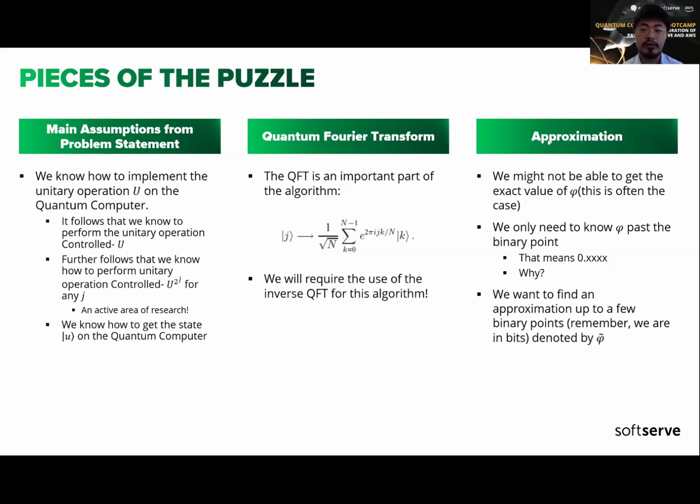This is another interesting part for quantum phase estimation that is actually quite an active area of research. It further follows that if we know how to perform the unitary operation U, it means that we know how to perform the unitary operation control-U to the power of 2^j for any j. I will not be going through exactly how to do this. This is still a very active area of research, and the most efficient ways of doing these are pretty difficult to understand.